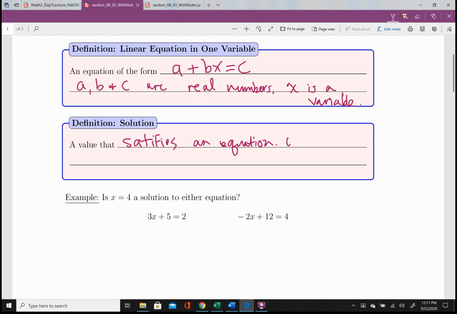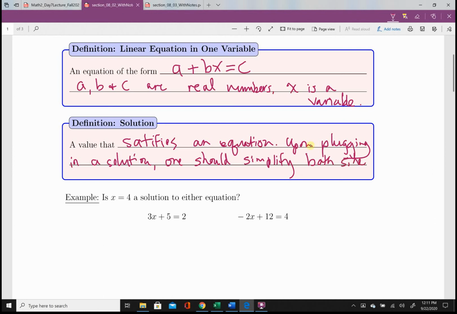So upon plugging in a solution, one should simplify both sides to the same value.